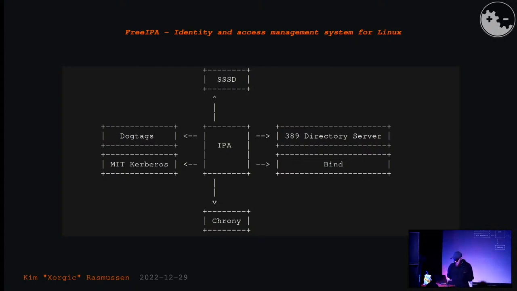So that's nice. It also means that IPA supports what Microsoft calls sites. IPA calls them locations, so you can split them up. So if you have, let's say, another country or another office, they don't need to access your IPA servers.